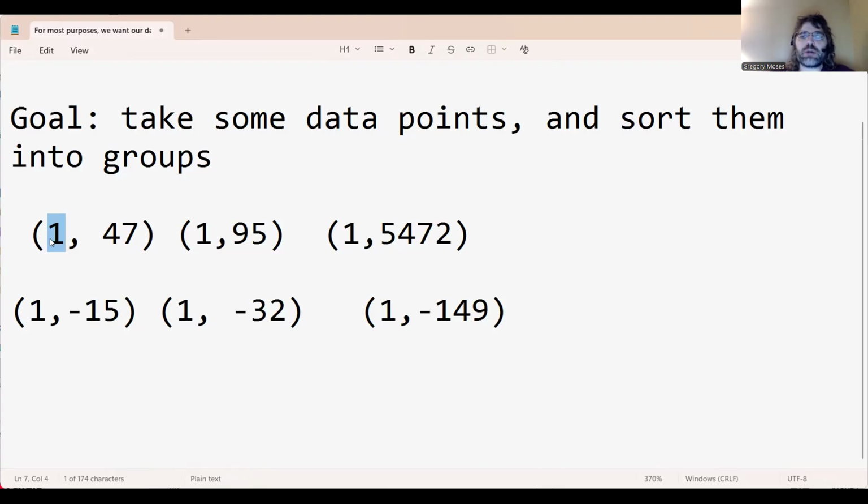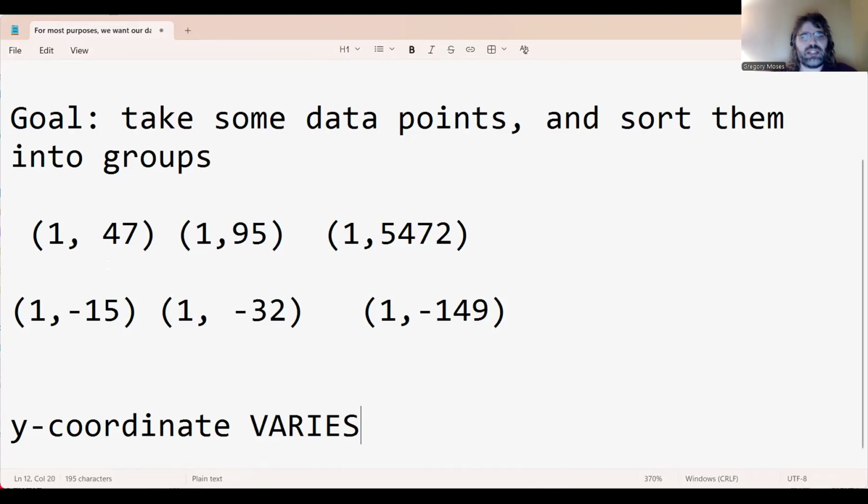So the reason we're able to do something like this is that the y coordinate varies. And therefore, we want our data to vary. Our data varying is the only way we can do something like this.